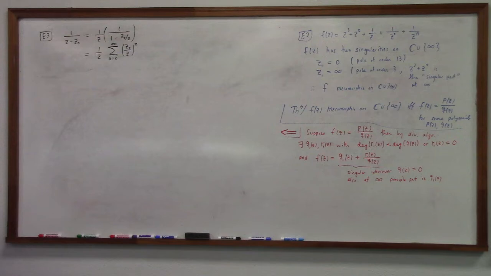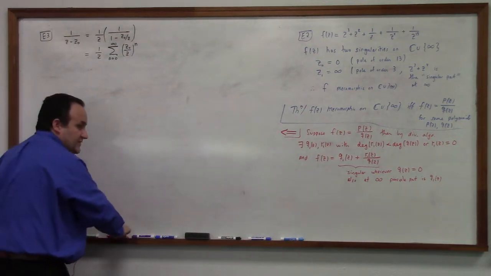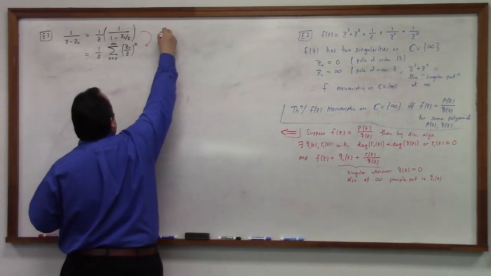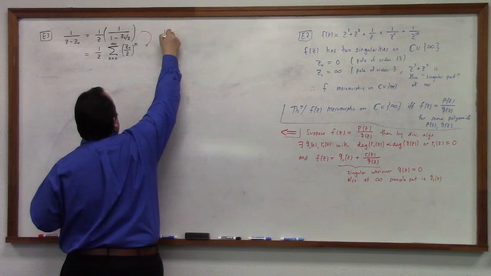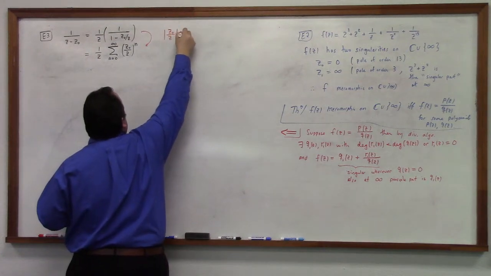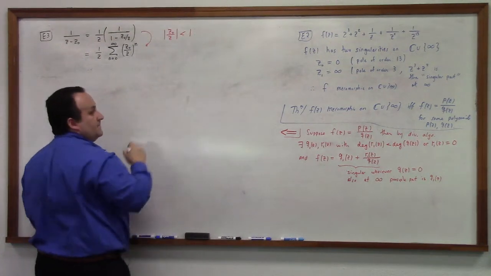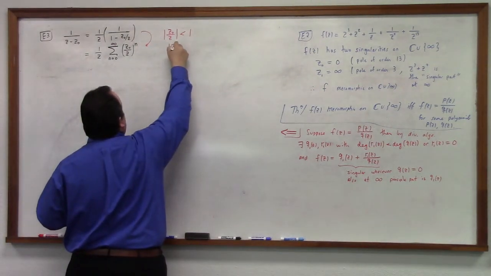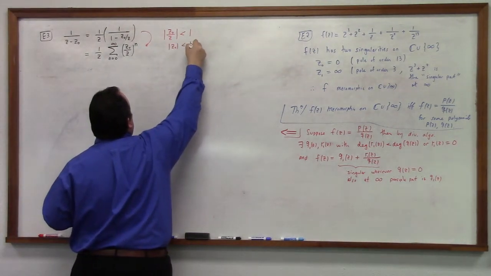When is that true? When am I allowed to make that step? What condition is needed for the geometric series here to converge? We need the modulus of z naught over z to be less than 1. In other words, the modulus of z naught is less than the modulus of z.